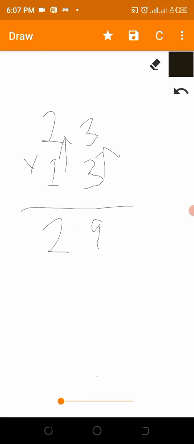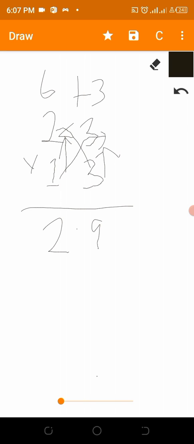That space is where you put the answer you get after the next operation, which I'm going to show you. Now what we are going to do next is this 2 will multiply this 2, and then this 1 will multiply this 3. Are we clear? So 2 times 3 is 6, and then 1 times 3 is 3.